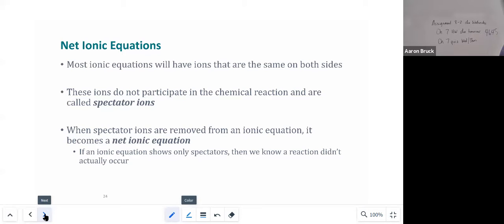So spectator ions are there, but they really don't do anything. And since they really don't do anything, as we convert our ionic equation to a net ionic equation, we remove all of those things that aren't doing it. The net ionic equation only contains the stuff that actually reacts, the stuff that actually changes.